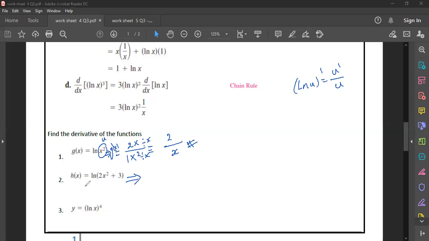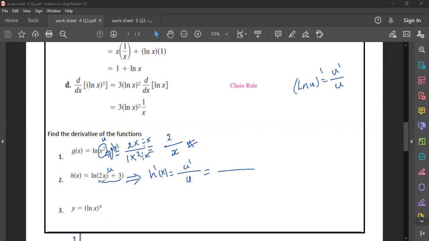How to find the derivative of this one? Where is u? The derivative of h will be u prime over u. What is the derivative of u? I know all of you know how to apply the basic rules of differentiation.